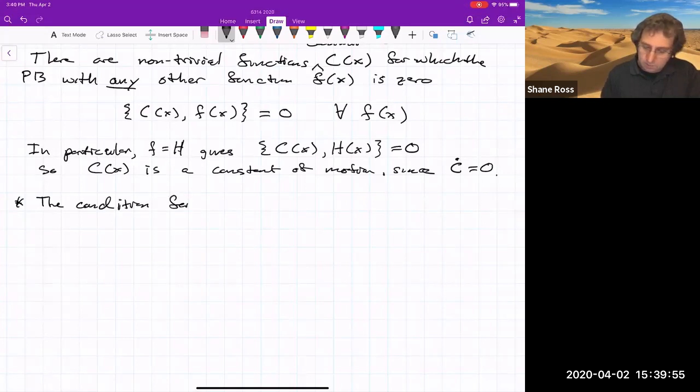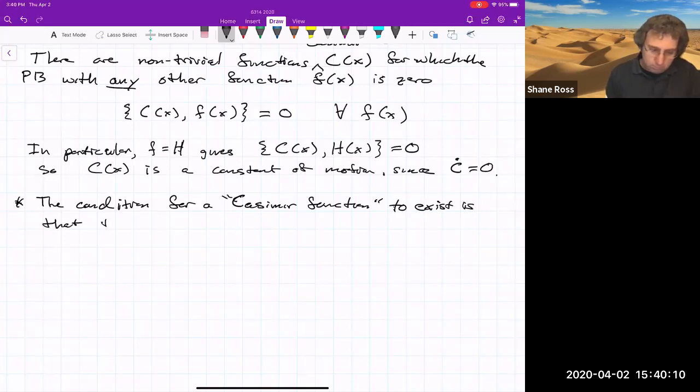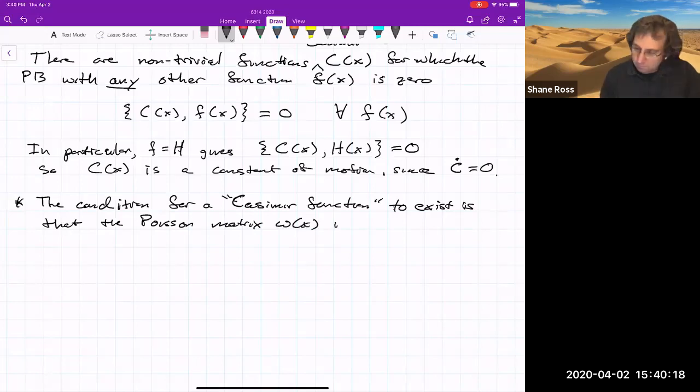So the condition for a Casimir function to exist is that the Poisson matrix is not full rank.